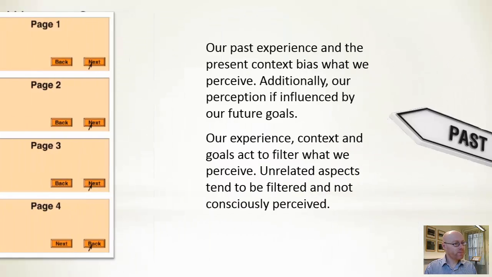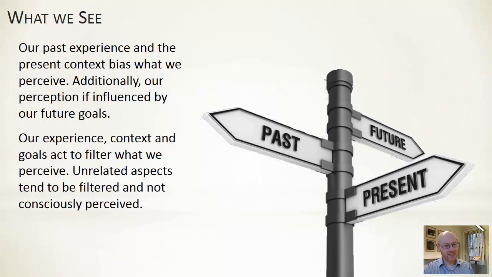So for what it is we see, what it is we are consciously aware of, a number of factors influence this. Our past experience, what it is we have experienced, our present context, what it is we are doing at this point in time, and also our future goals, what it is we are hoping to achieve or to do.